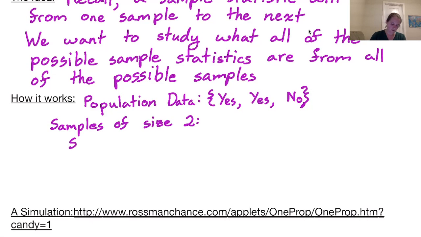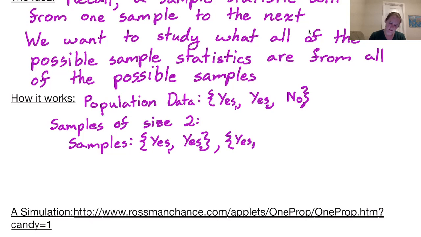Then our samples would be, we could have yes and yes. So that's yes number 1 and yes number 2. We could have yes number 1 paired with a no. And we could have yes number 2 paired with a no. And those are my only possible samples of size 2 from that little teeny data set.